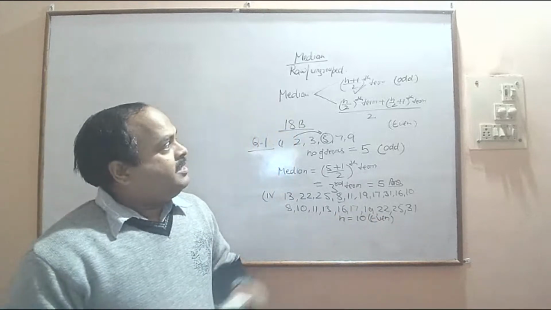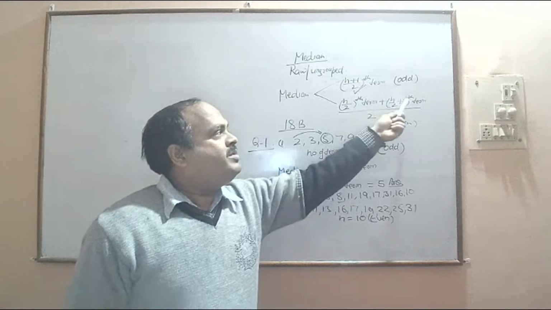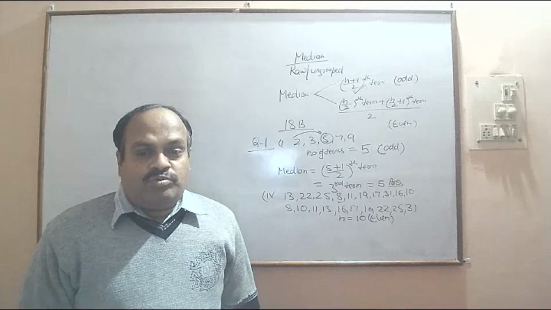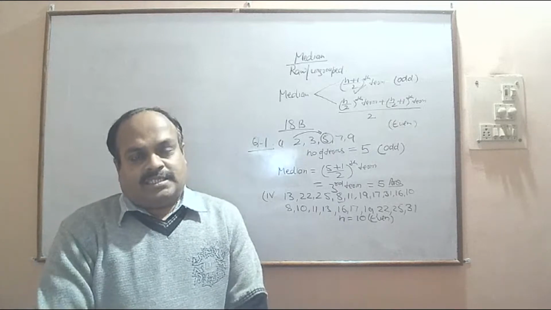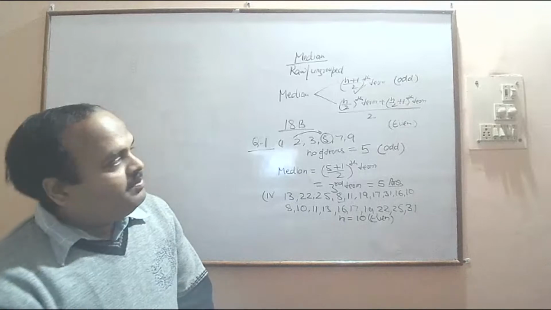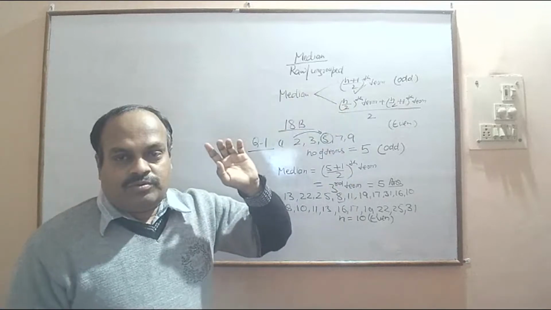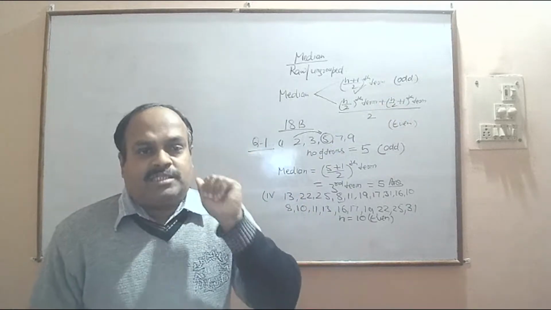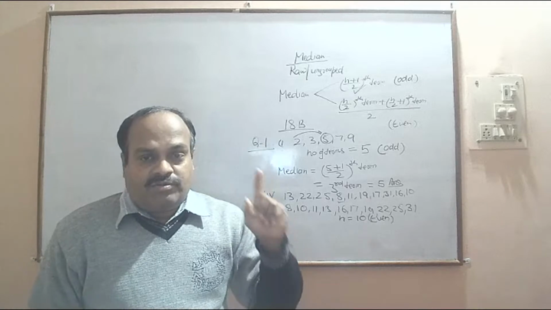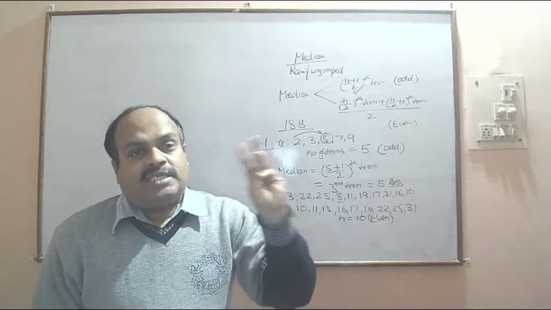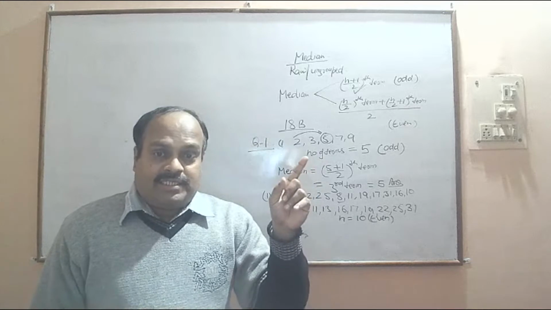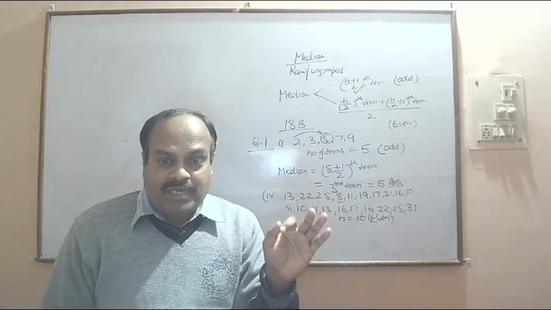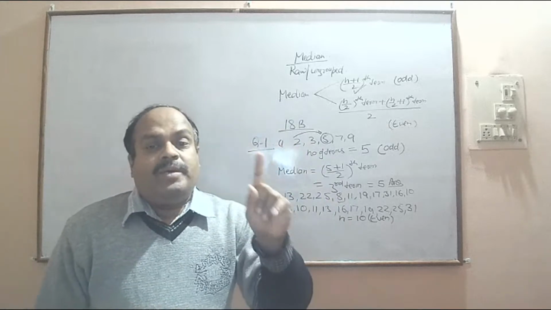I have told you, in case of even numbers, there will be two middle terms. Can you tell me these two middle terms are at which places? These will be 10 by 2, fifth place, and 10 by 2 plus 1, sixth place. So the average of the observations at the fifth place and sixth place will be the median.